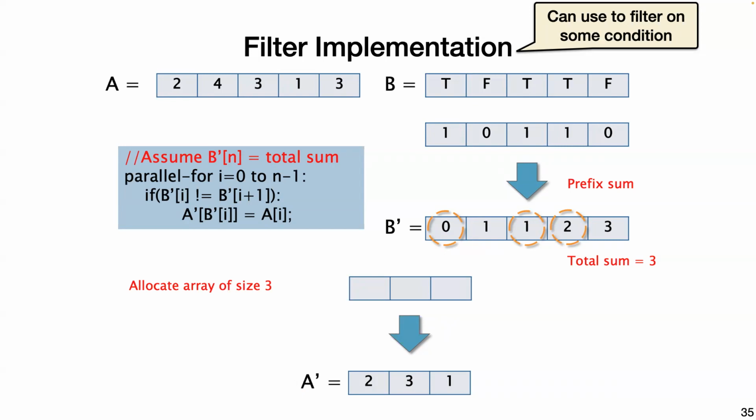And like you said, you get 0, 1, and 2. And these 0, 1, and 2 are the positions of the elements. So you can find these positions by doing a parallel for over the entire thing, and you look at the places where it changes. And where it changes, the one on the right is the position of the element, the corresponding element with the same index. Does that make sense?